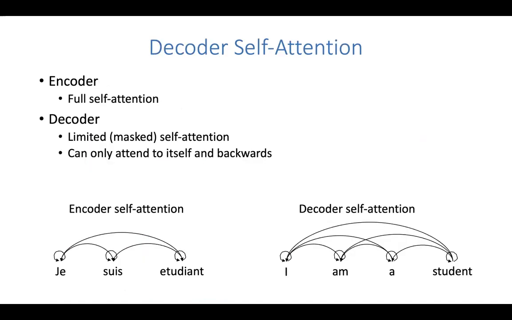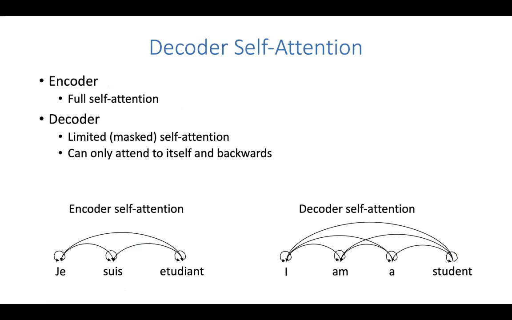How we do it in the decoder self-attention is that we use masked self-attention because we wanted the input tokens to the decoder to only attend to the past and itself and not to the future, because the transformer decoder needs to generate the tokens auto-regressively.